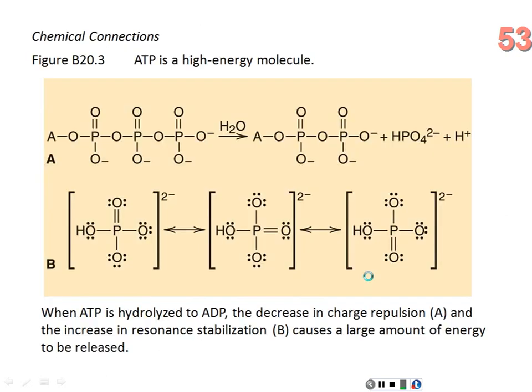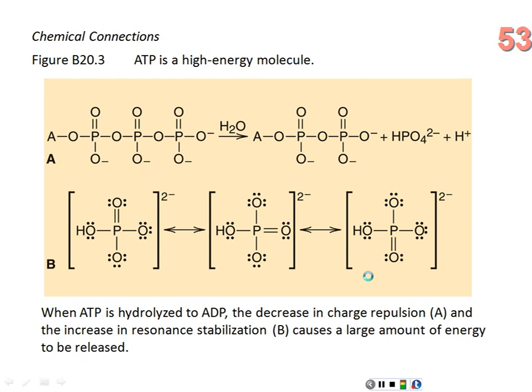And that's really the importance of these phosphate groups, that they are very high energy. They can be broken from triphosphate into diphosphate, and this causes a release of energy. A large amount of energy is released.